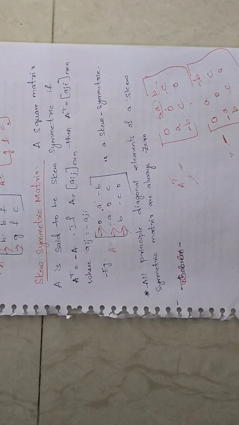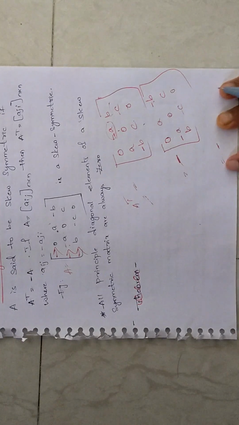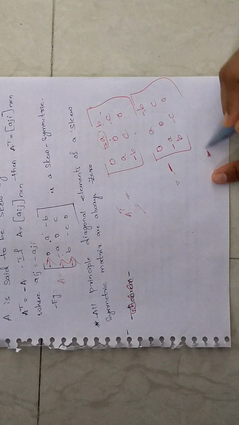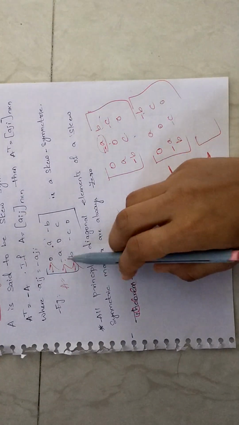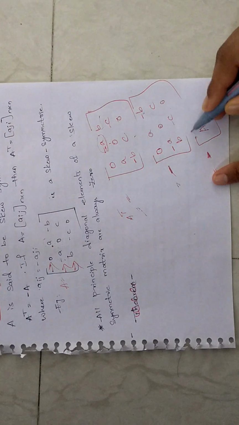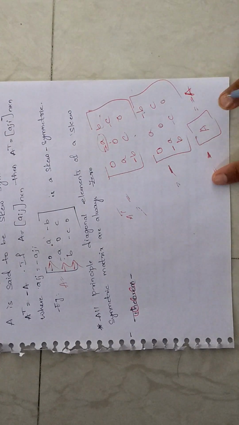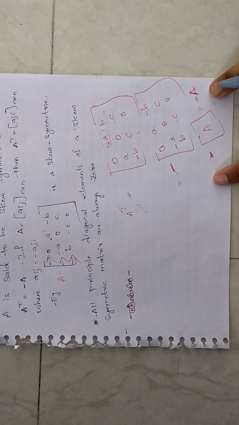So I have written minus here outside, and if you observe this complete matrix, it is what? The given A. So I substitute A, and the answer is minus A.